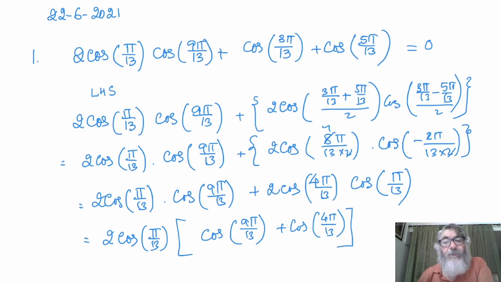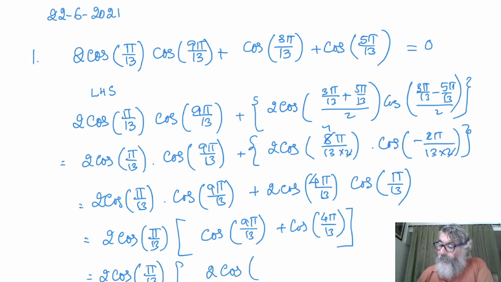Now what we are going to do, again apply the formula for cos C plus cos D. And what is cos C plus cos D? Cos C plus cos D is 2 cos C plus D upon 2 cos C minus D upon 2. So it will become 2 cos pi by 13, and here it will become 2 cos (9 pi plus 4 pi upon 13) into 2, and this will become cos (9 pi minus 4 pi upon 13) into 2, because it has to be divided by 2.